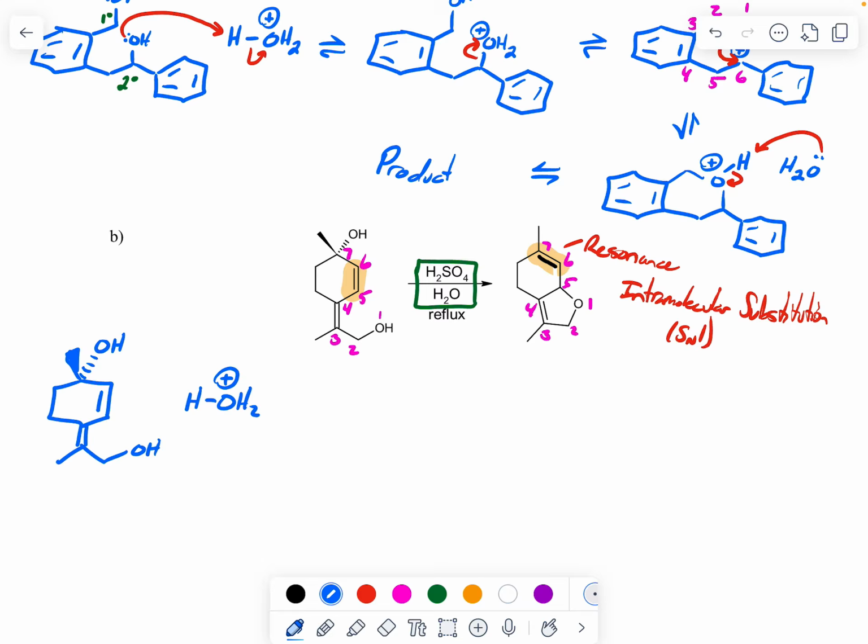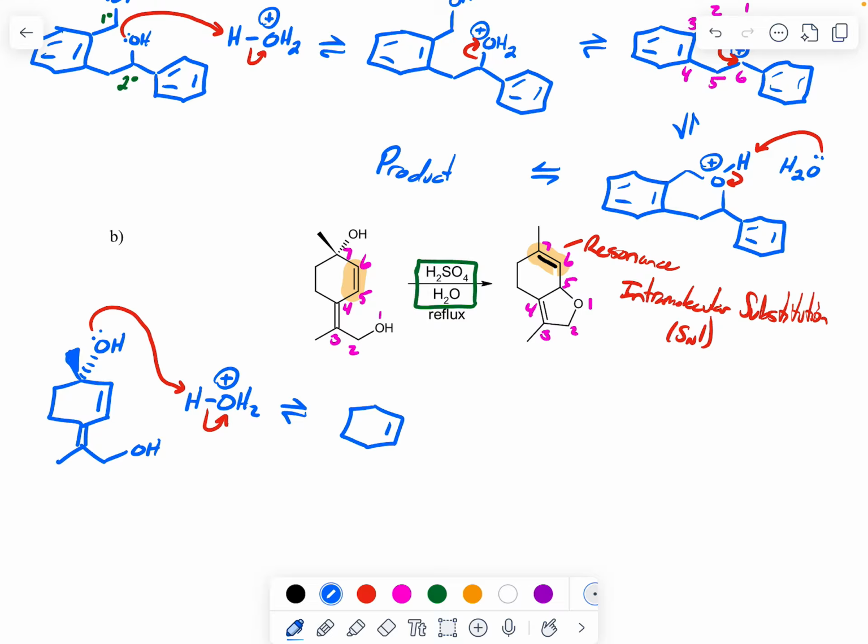Typically, in this case, we have two oxygens that can both act as the base. However, in this situation, it makes more sense for the one that's up top connected to this dash because it can form a tertiary carbocation that's resonance stabilized, while the other oxygen cannot. So that's what we're going to do. We're going to protonate this oxygen using the acidic H3O+.